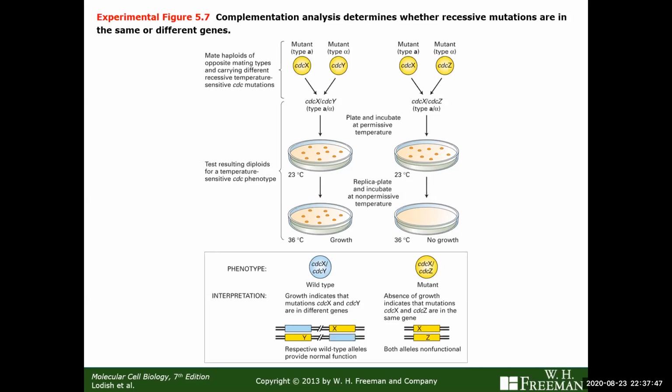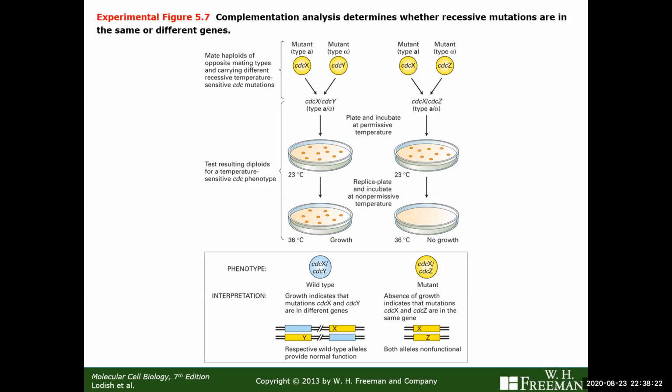So they argued that if I have 100 haploids which are all mutated in one gene, the same gene, then if I take haploid number 1 and haploid number 2, they will name them somehow. Like here the CDC stands for cell division cycle, because Leland Hartwell was looking at genes involved in the cell division cycle.